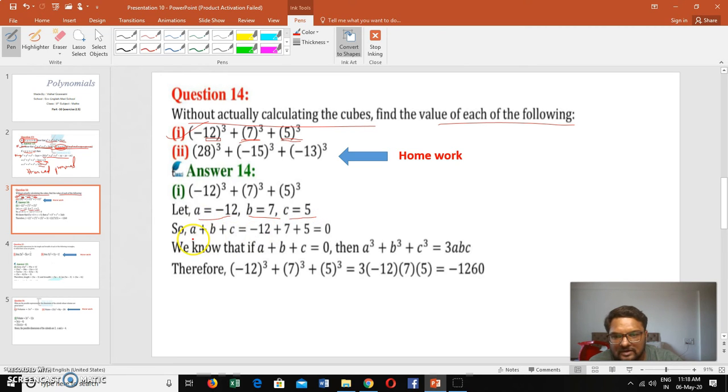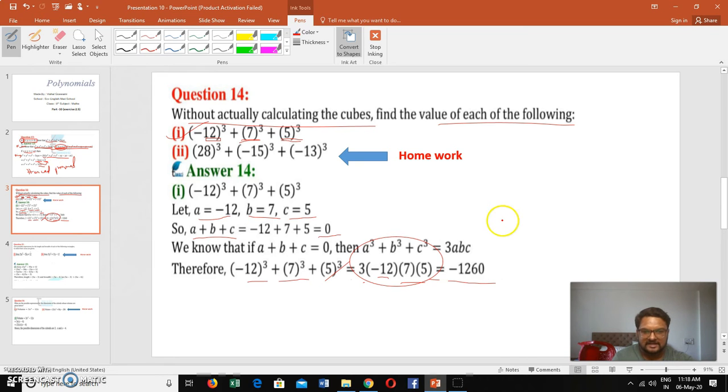Let's check by adding all these values, a plus b plus c. If it becomes equal to 0, then we can write a cube plus b cube plus c cube equals 3abc. So we multiply all these numbers to get the value minus 1260.